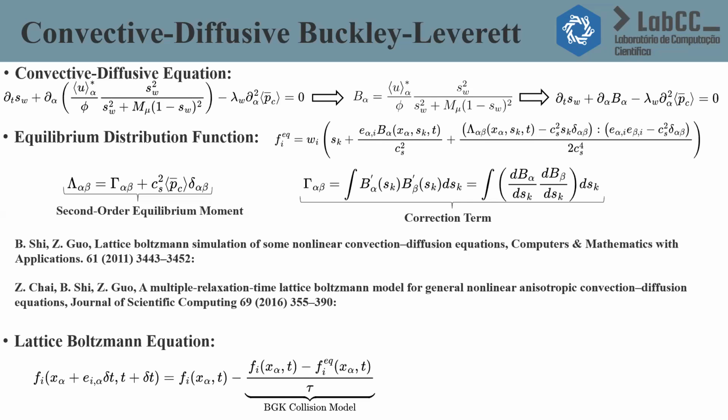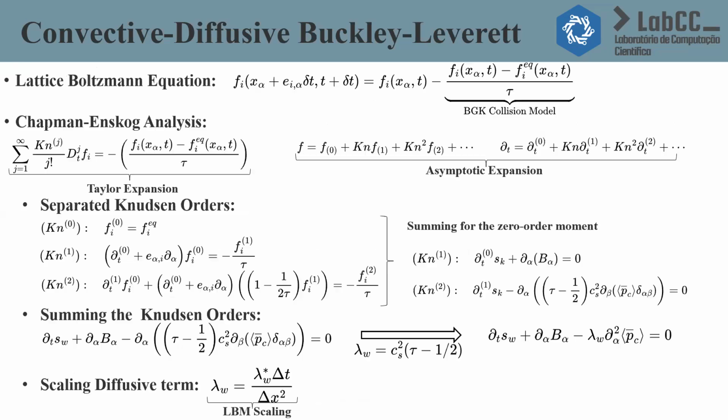macroscopic equations. In this case, the lattice-Boltzmann equation will be necessary to represent the non-equilibrium effects on it. So I have a collision model. In this case, I use the BGK collision model. Here I perform a Chapman-Enskog analysis of the equation. Now I have to extend to the second order terms. I have the first order and second.